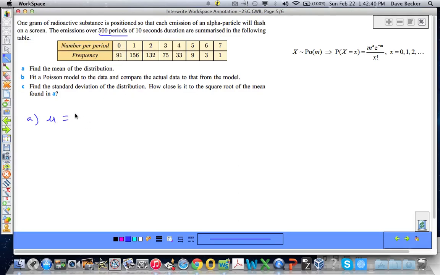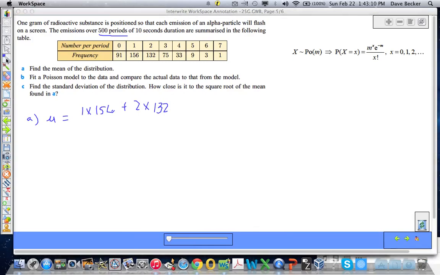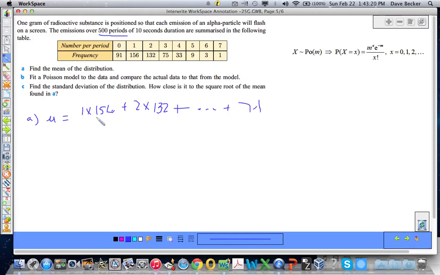I'm not even going to write 0 times 91, so that would be 1 times 156 plus 2 times 132 plus, dot dot dot, plus all the way to 7 times 1, divided by the total number here, which is 500, which we already knew, 500 periods.